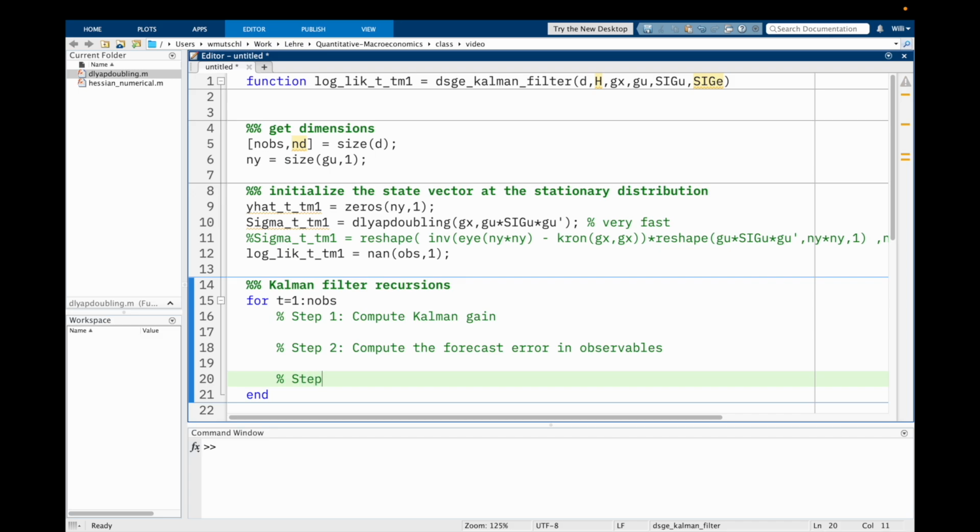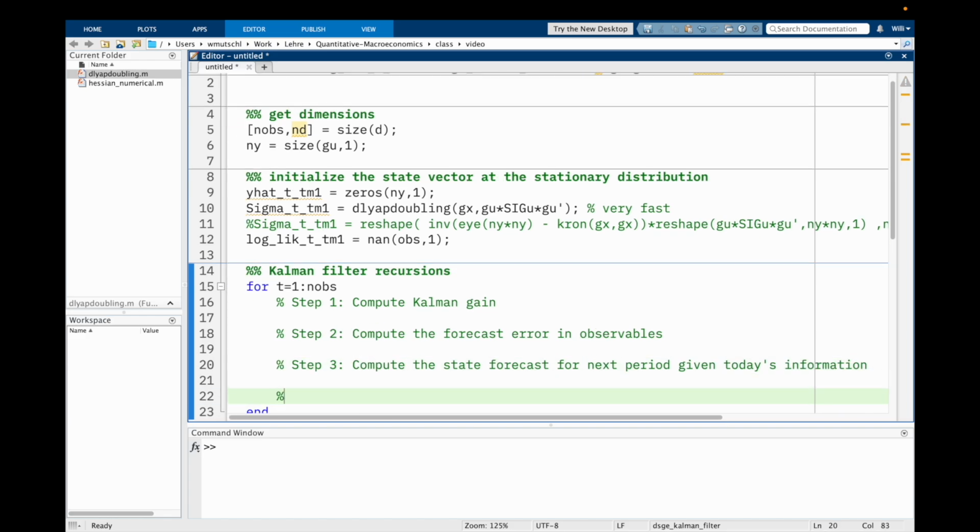Step 3, that required us to compute the state forecast for next period given today's information. And step 4, update the covariance matrix.